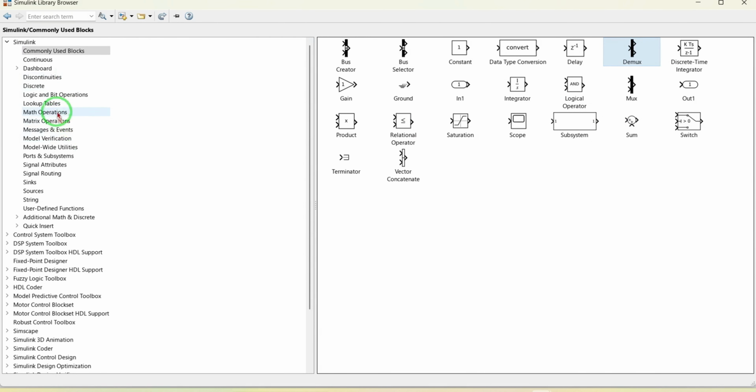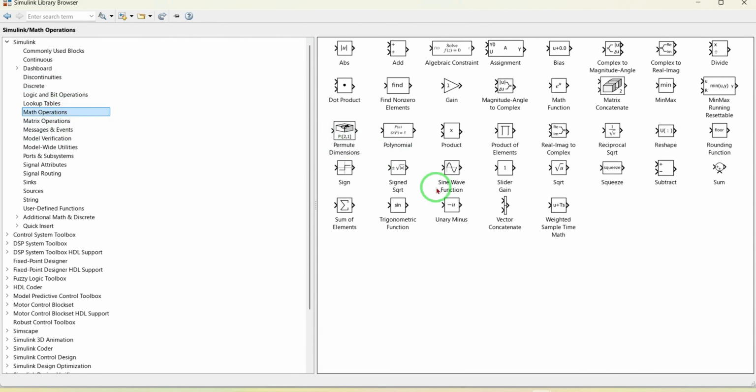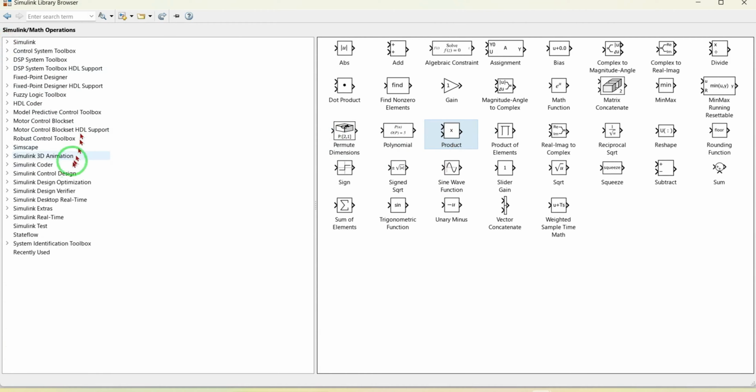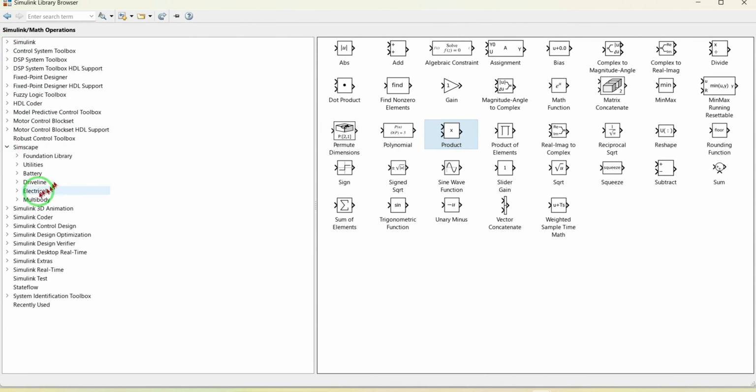Also add a product block from the math operations section. Add a mean block to the model.